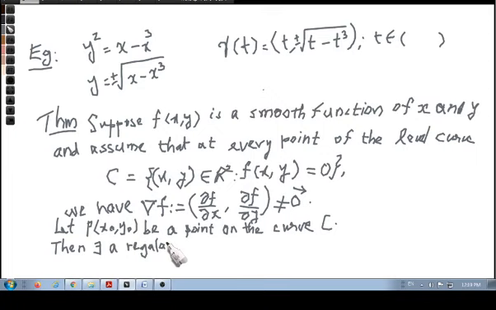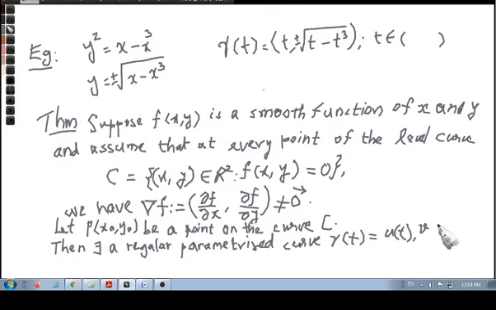Then there exists a regular parameterized curve gamma of t equal to u of t, v of t, t in some interval alpha comma beta.